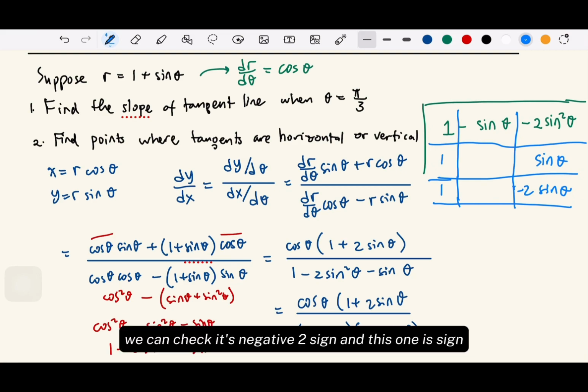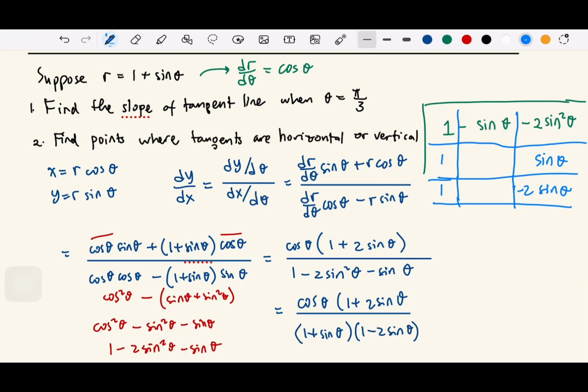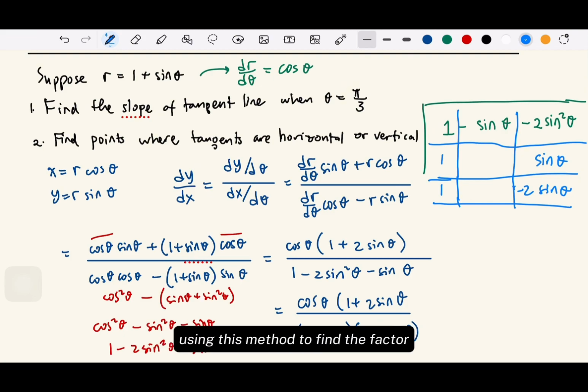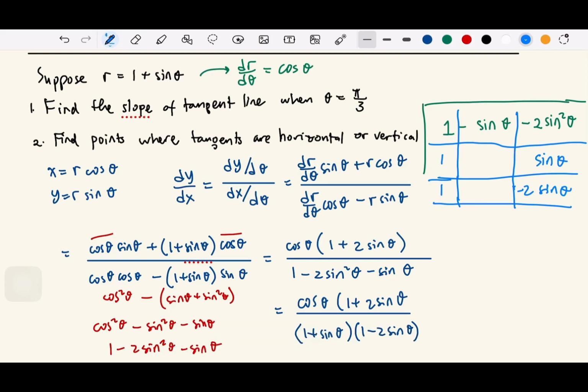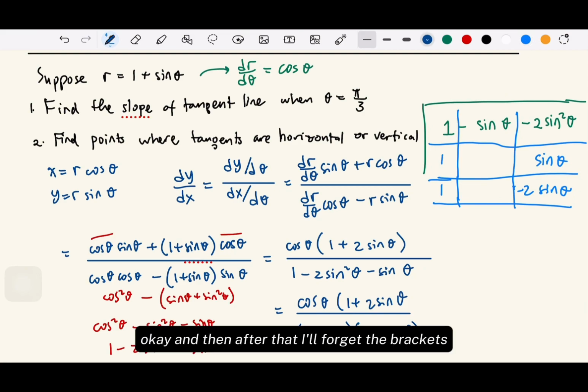We can check, it's negative 2 sine, and then this one is sine, so negative 2 sine plus sine is negative. So that's why it's our factor. I think for me personally, I'm getting used to using this method to find the factor.